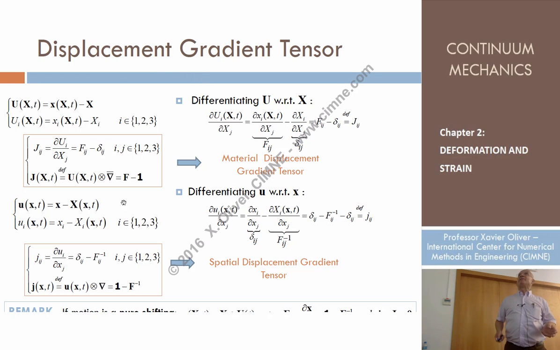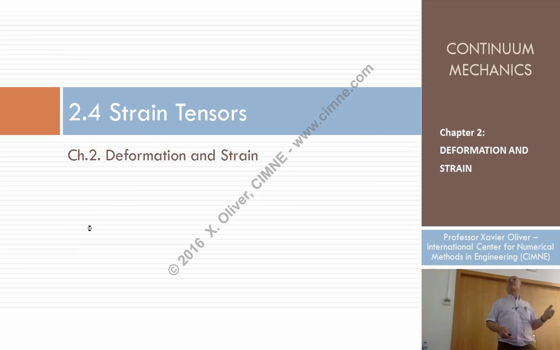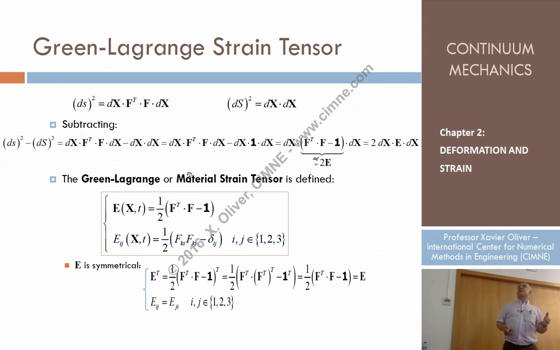And we saw that there is a very simple relation of the material gradient, which is the gradient of deformation tensor minus 1, or the spatial gradient of displacements, which is 1 minus the inverse gradient of deformation, right? So now let's take advantage of these expressions and see how these entities that we have defined, which are very important, this is one of the key issues of this course, the measure of strains.